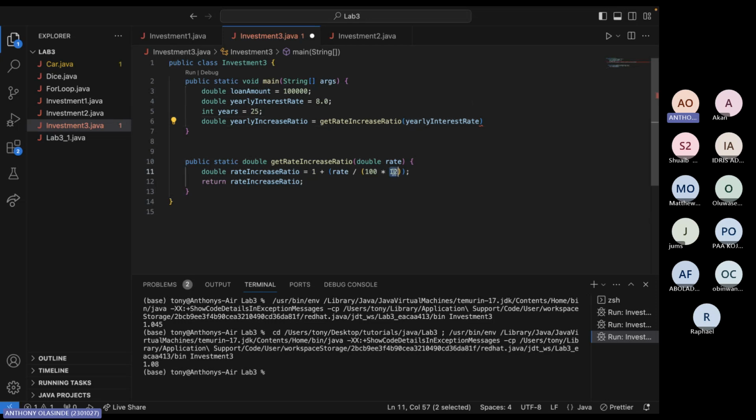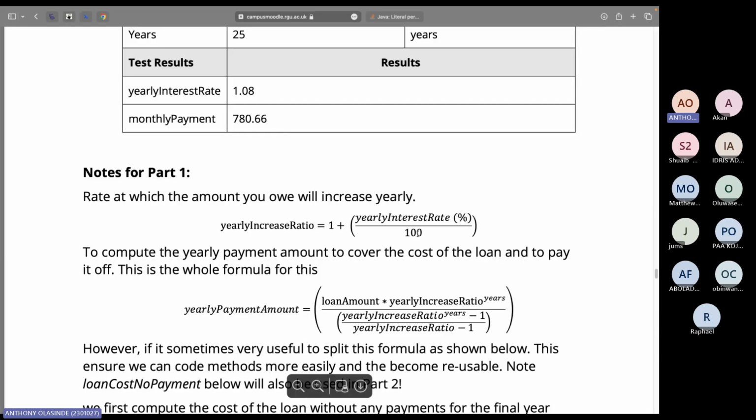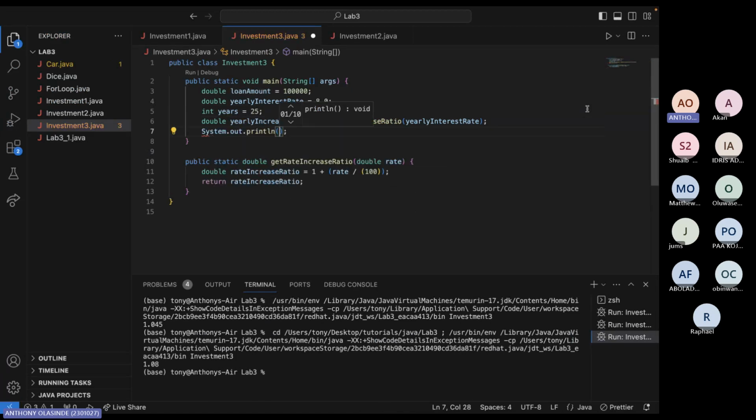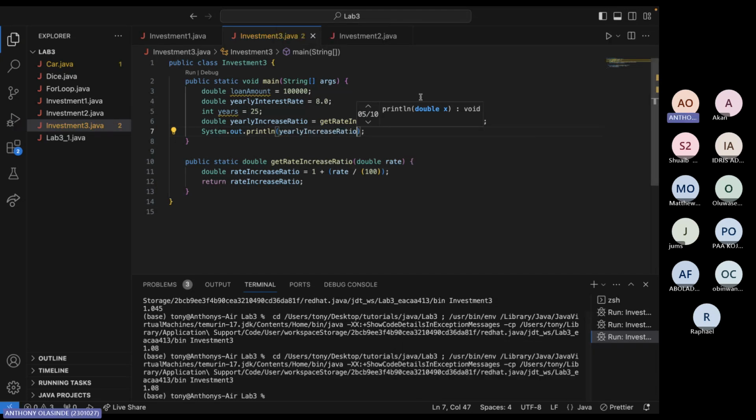Then I now won't be needing the 12 because the formula is not using 12. So this is per year, no more per month. So I'll print out yearly increase ratio first. That should give me 1.08, that's fine.